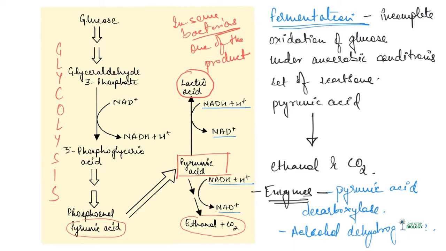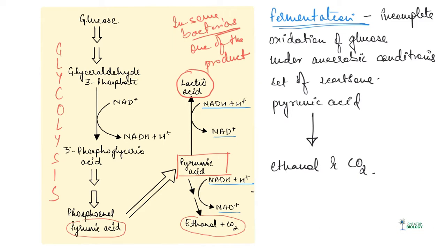Now, guys, in some animal cells as well, say in the muscles during exercise, when there is a shortage of oxygen, when oxygen is inadequate for cellular respiration, pyruvic acid is reduced to lactic acid, and this happens by lactate dehydrogenase.